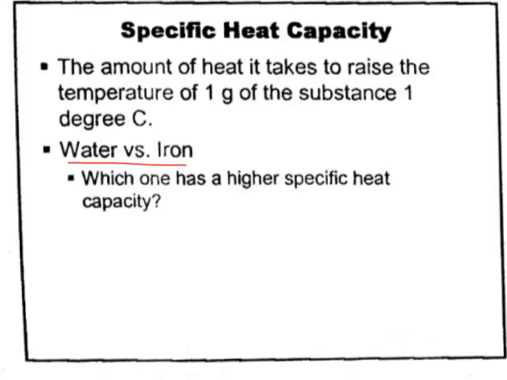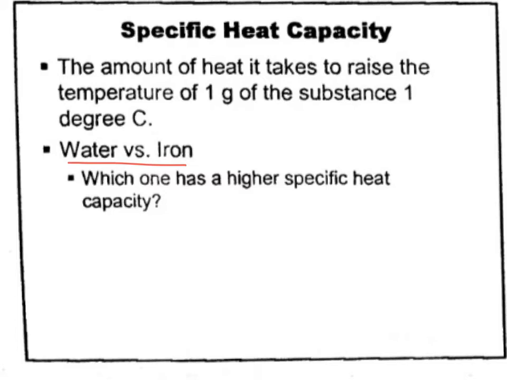So let's think about it. Which one is going to get hotter faster? It would be the piece of metal, right? The piece of metal would get hotter faster than water, like a puddle of water. That means it takes very little energy to heat up that metal, so it has a very low heat capacity because it takes very little energy to raise the temperature 1 degree Celsius.